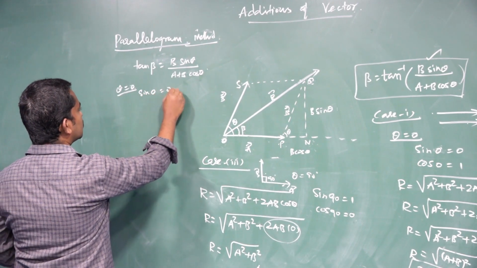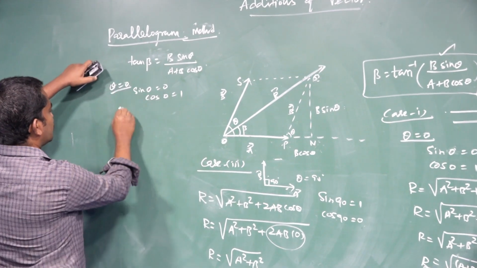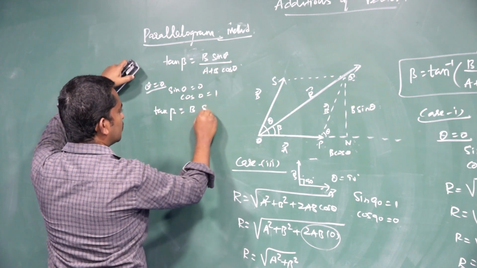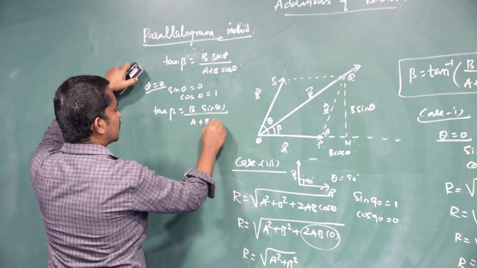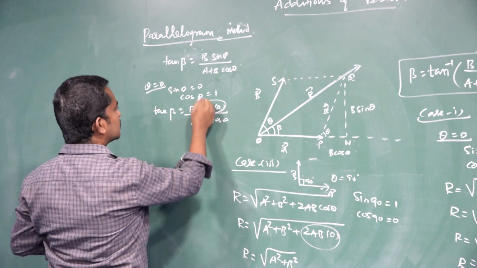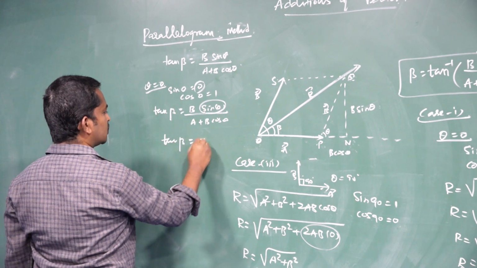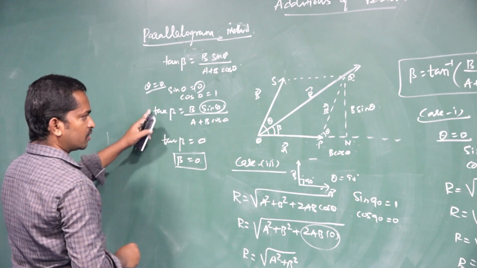Sin 0 is equal to 0, cos 0 is equal to 1. Substitute the value: tan beta is equal to B sin 0 divided by A plus B cos 0. Sin 0 value is 0, so overall 0. Tan beta is equal to 0, so beta is equal to tan inverse 0, which is 0 in case 1.